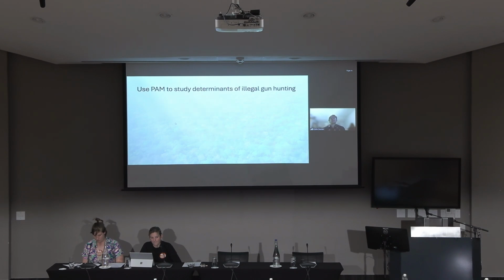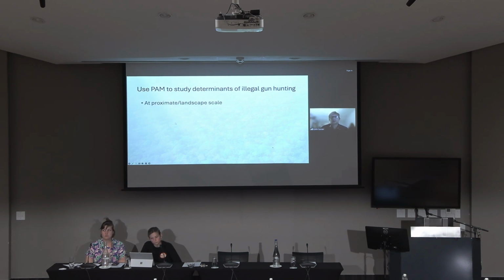The idea is to use PAM to build upon previous illegal gun hunting research and advance our understanding of where and when these activities occur, so that we can optimize the use of conservation law enforcement resources such as anti-poaching patrols. The vast majority of poaching research thus far has looked at very large spatial scales: regional, national, or international drivers of poaching pressure, such as poverty or corruption, for example.